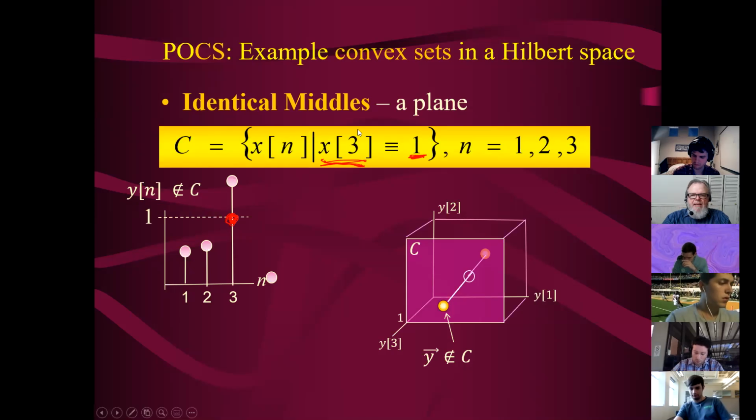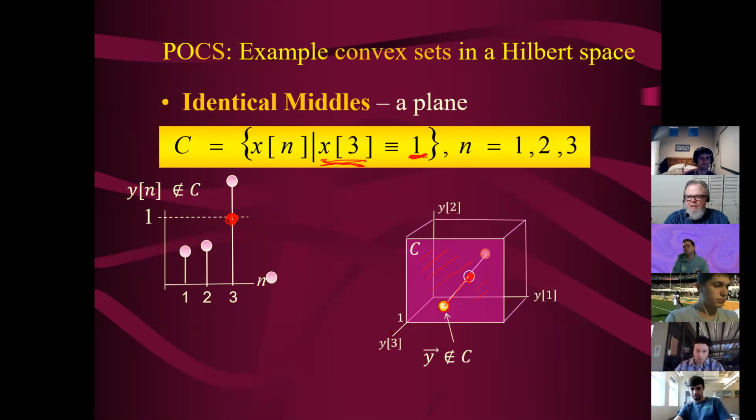And what does that mean in terms of the box? If you remember, the set of identical middles, the set of all signals where the third element was equal to 1, corresponds to this plane, right? So if we had a point, to find the closest point we would imagine that the projection would be onto the plane. And that's exactly what we're seeing here.